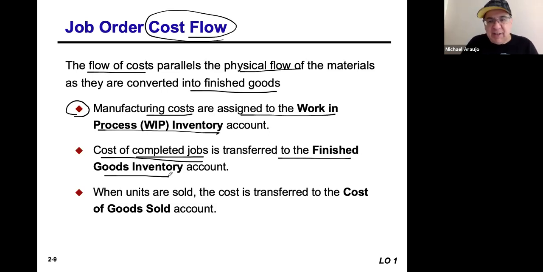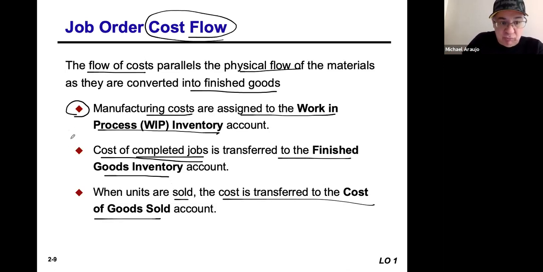As those get done, those costs move to finished goods. Once finished goods are sold to customers of the company, then that cost gets moved to cost of goods sold. So this is the cost flow that you need to know, okay?